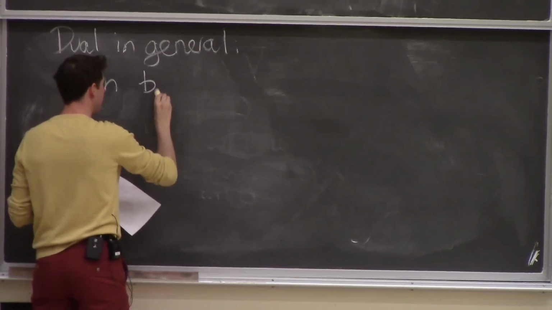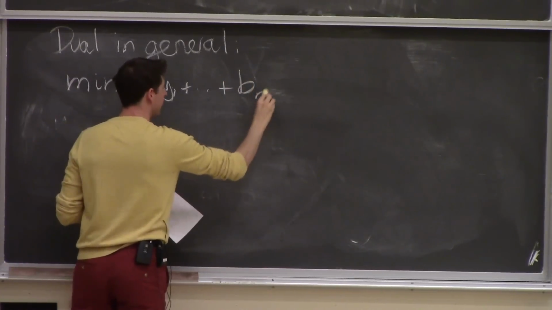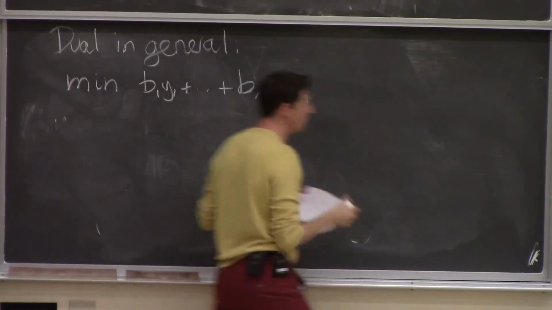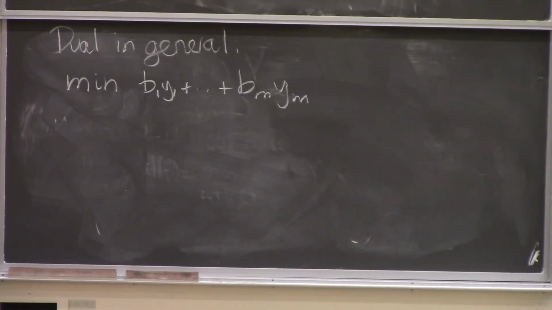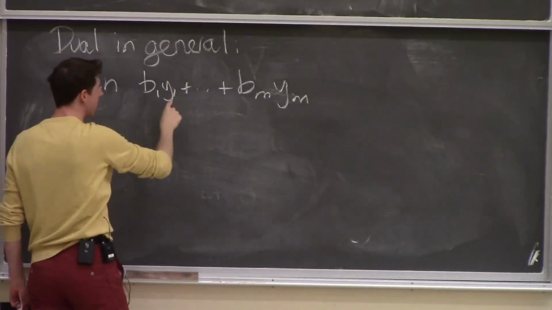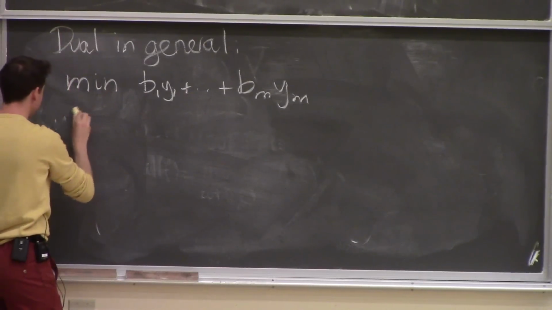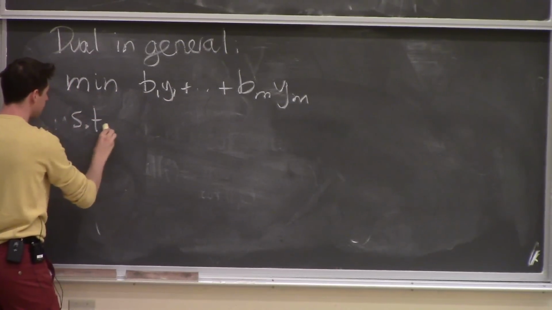Yeah, so it's b1 y1 plus blah, blah, blah, plus bm ym, okay? So that's just this right-hand expression here. That's what we want to minimize, analogous to that one up there. These are basically all the constants that had appeared on the right-hand sides multiplied by the magical coefficients yi, okay?